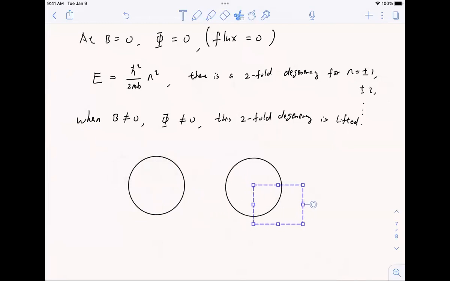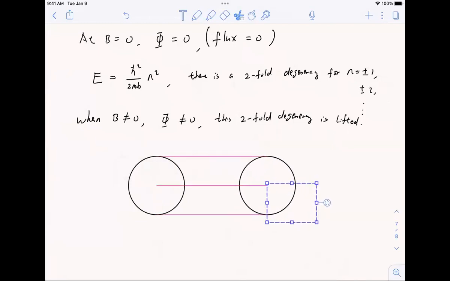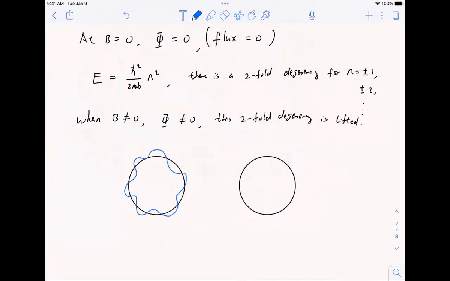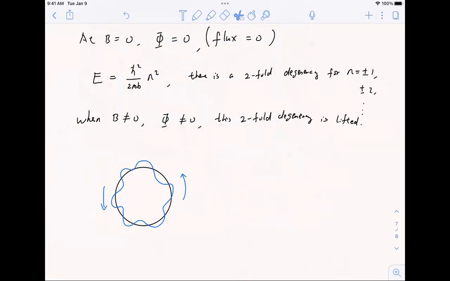If the particle goes this way, or goes the other way, they're not going to be the same.